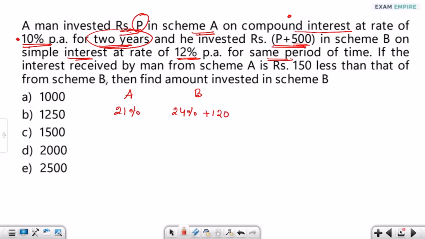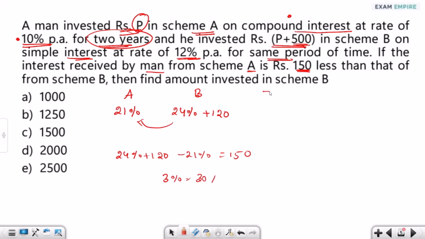The interest received from scheme A is 150 less, so 24% plus 120 minus 21% is 150. What is 24 minus 21? 3%. Bringing 120 to the right-hand side, 150 minus 120 is 30.